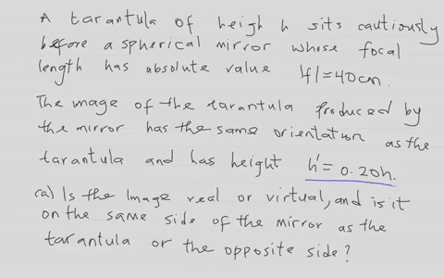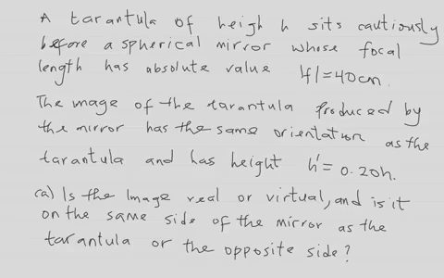So 8 prime is equal to 0.208 times 8, where 8 is the height of the tarantula. That means the image height is 0.208 of the object height. That's the relationship between them.